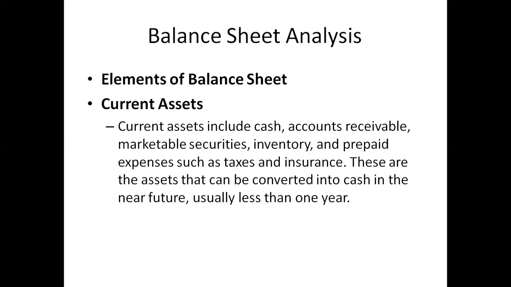Accounts receivable. What are accounts receivable? Accounts receivable are the credit sales that we have made, the debtors from whom we have to collect the money from the credit sales. The debtors are divided into 2 or 3 categories.